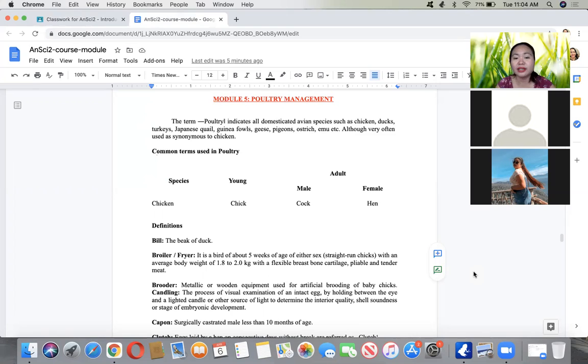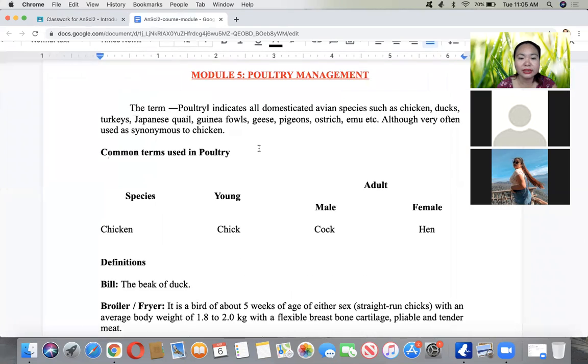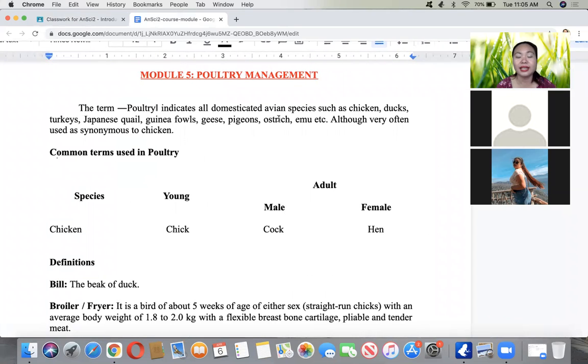So again, we are now on Module 5, Poultry Management. When we speak of poultry, it indicates all domesticated avian species.